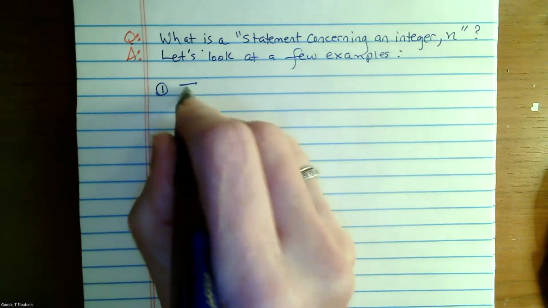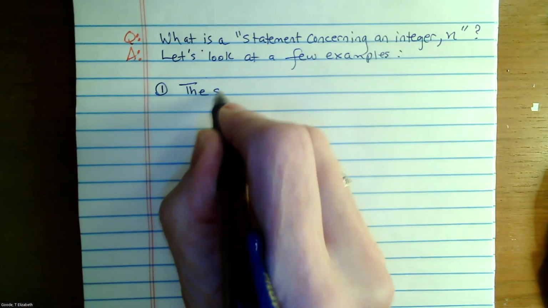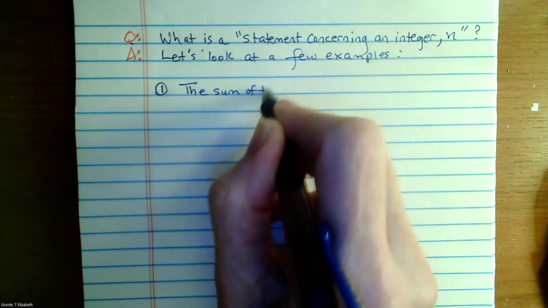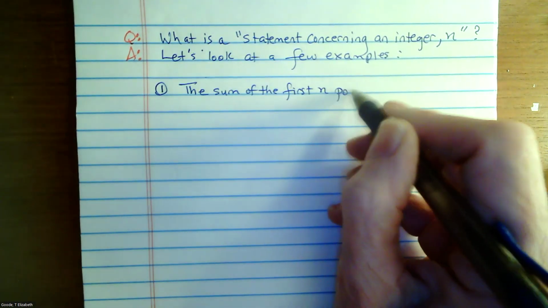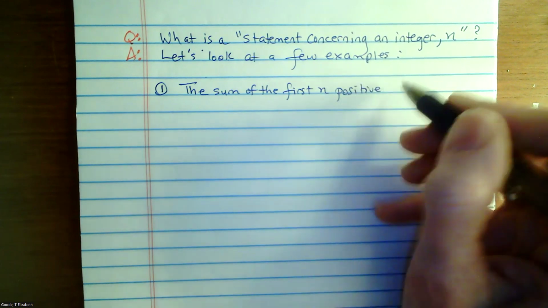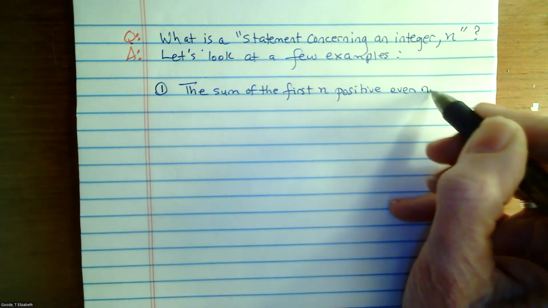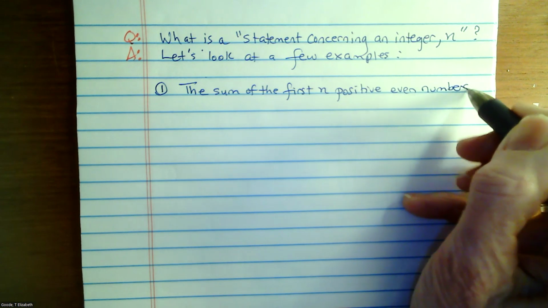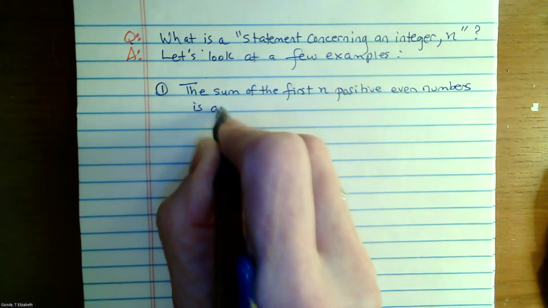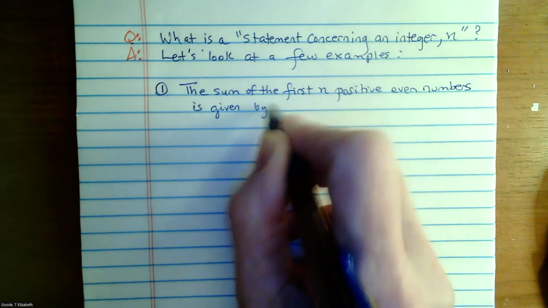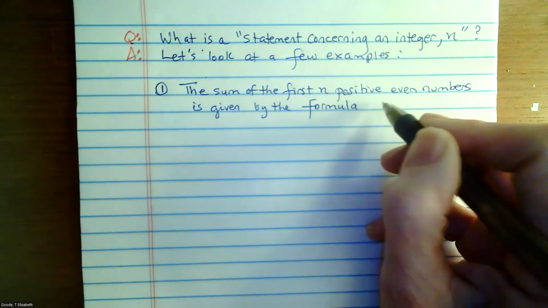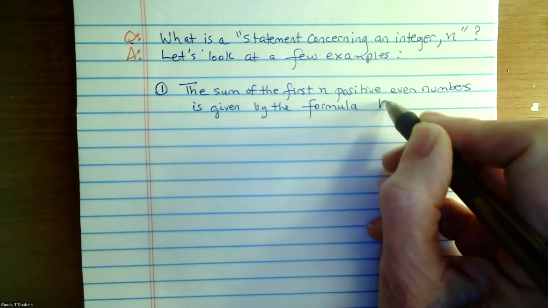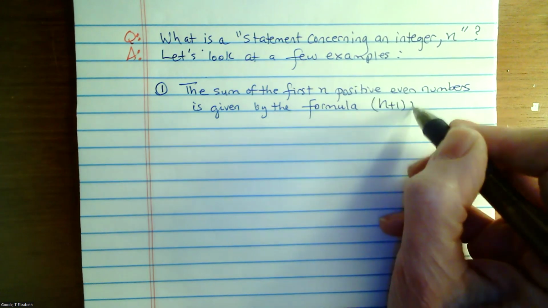Here's a statement concerning an integer n. The sum of the first n positive even numbers is given by the formula n plus 1 times n.